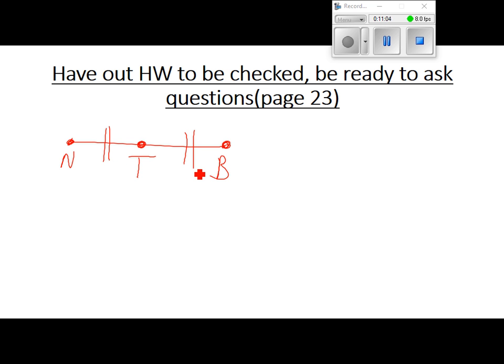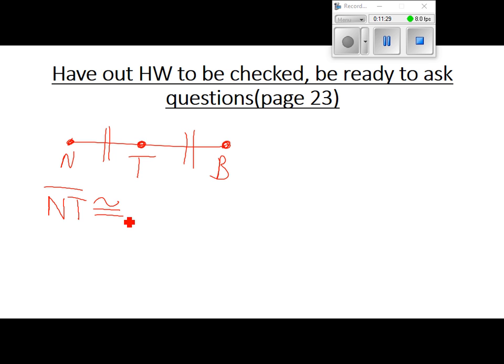Somebody tell me something about that picture. What's congruent? Segment what? Segment NT. And remember, the congruent symbol looks like this. It's an equal sign with the tilde above it.